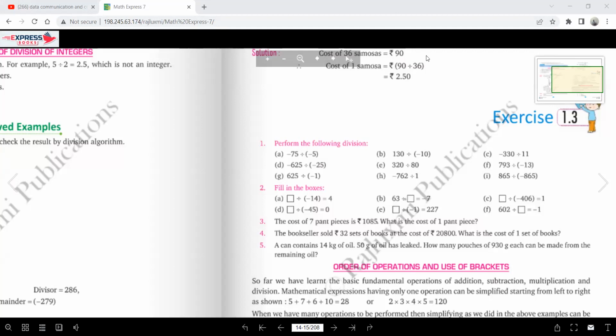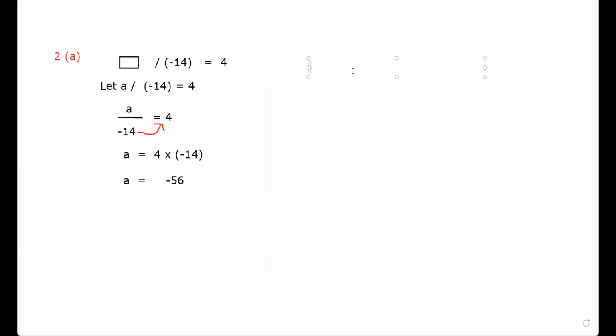So I'll just simply write down 63 divided by a number which gives -7. Just wait for a second, I just need to open the book.